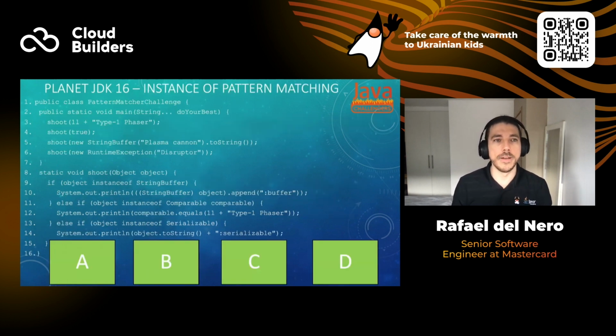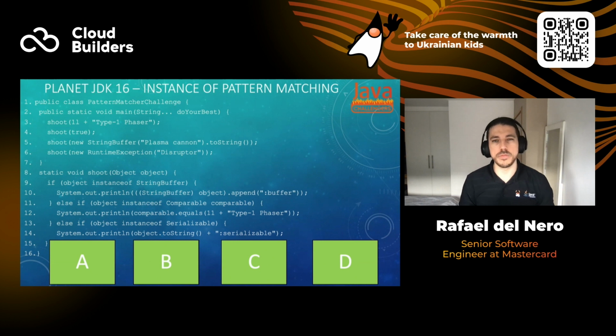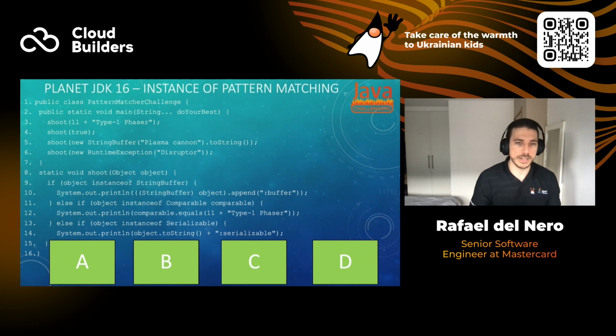Okay, so let's watch the next one. So this is the pattern matching feature. It's not fully completed yet, but it is very powerful because it can make your code so much better. So instead of doing those kind of crazy cast operations, you can just use pattern matching. That makes your code so much better.